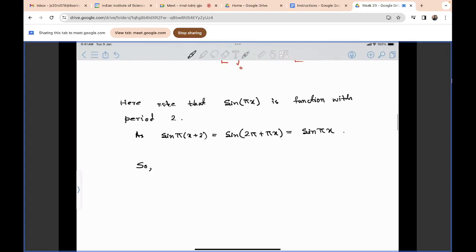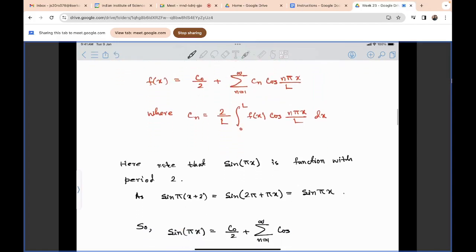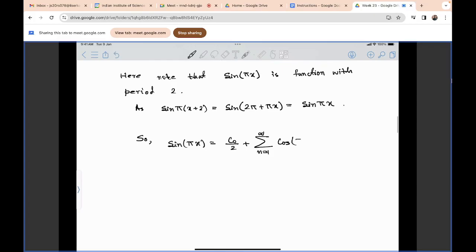So sin pi x, you can write as c0 by 2 plus summation n equals 1 to infinity c_n cos, l will become 1, means n pi x.